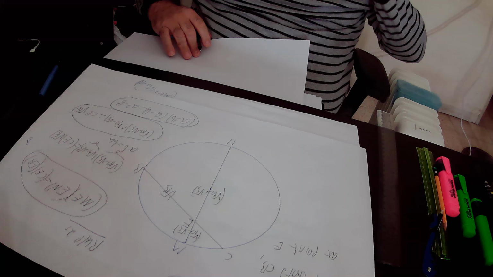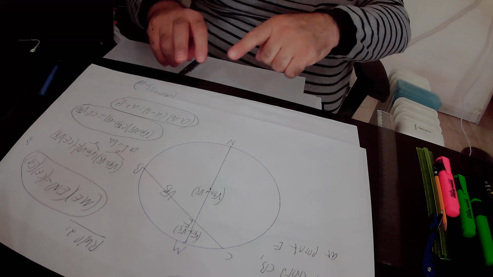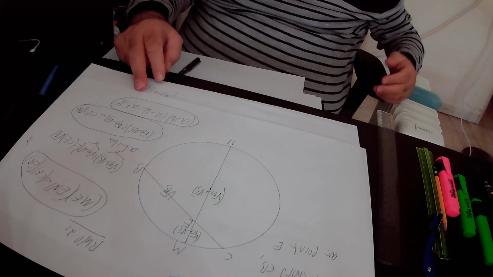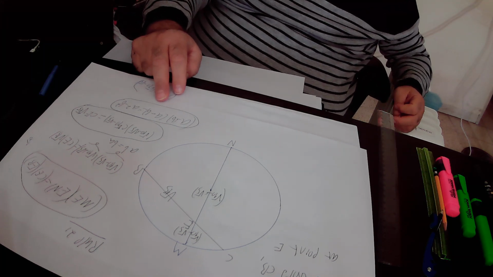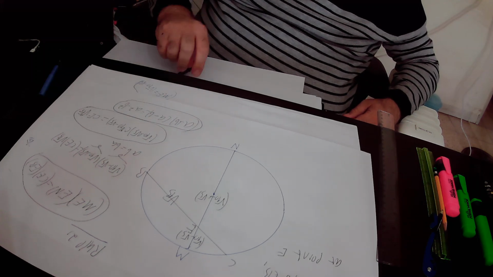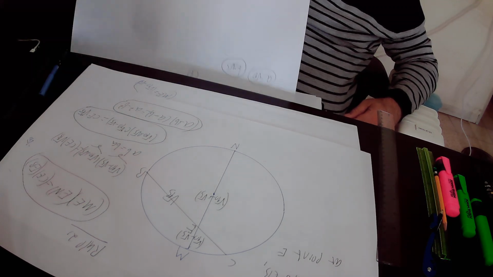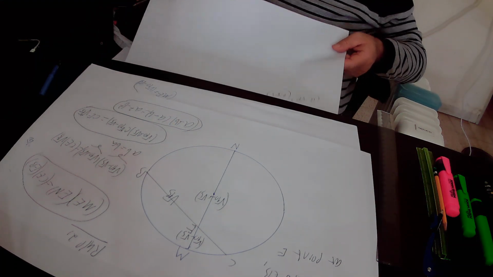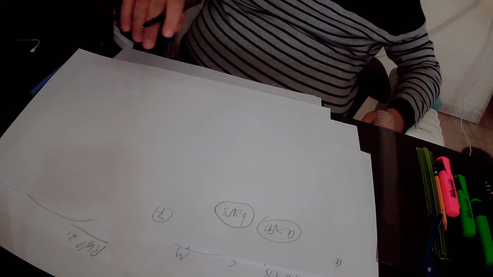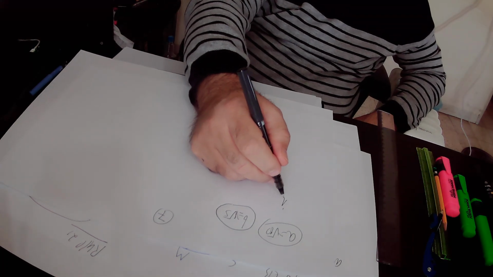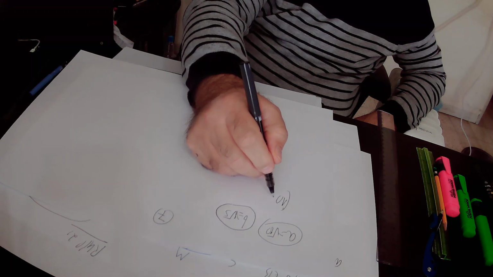And A plus B times A minus B equals A square minus B square. That is to say, according to this algebraic identity, this expression equals A square minus B square. Okay? So we can substitute this expression by A square minus B square. If A equals the square root of 10, then A square equals 10, of course, minus B square.